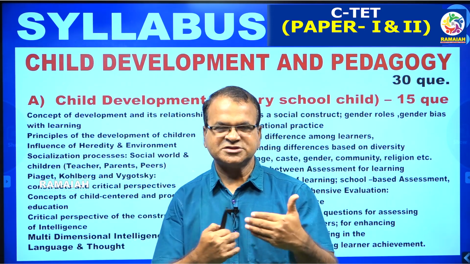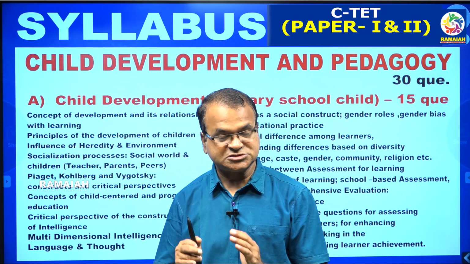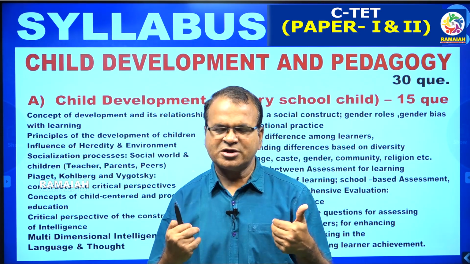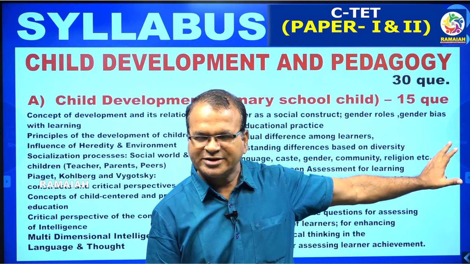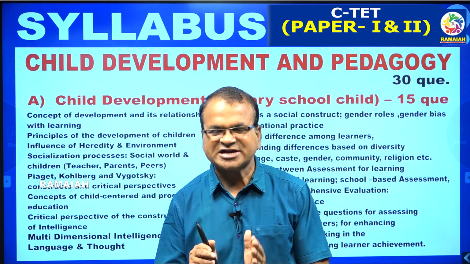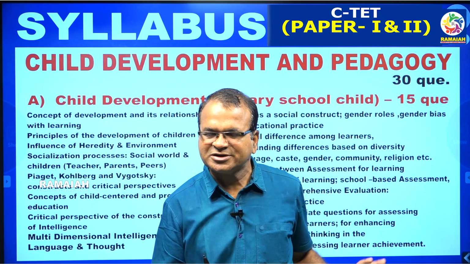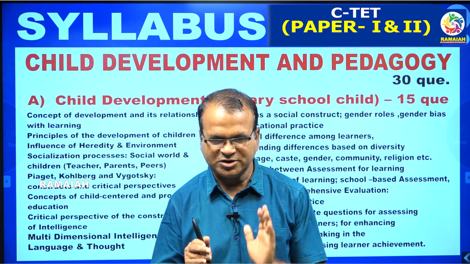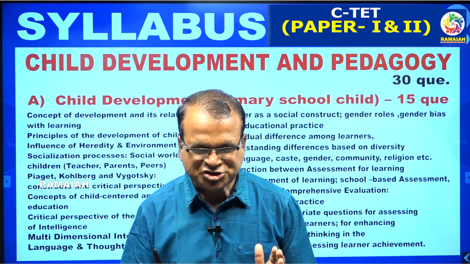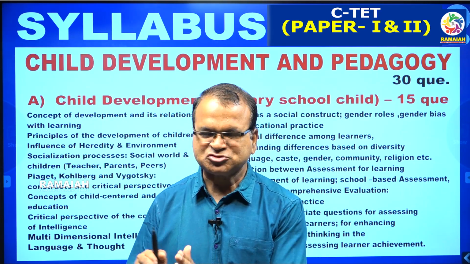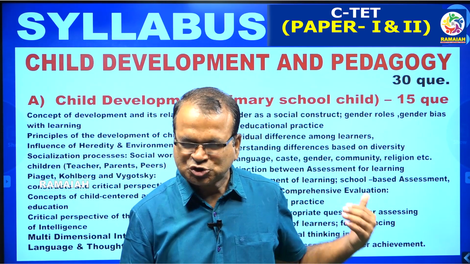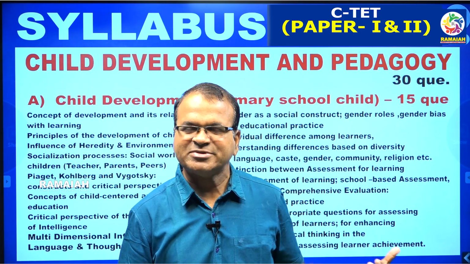We have to maintain the balance. Some children are gifted, some children have different dimensions because of their sociological and cultural dimensions. So in the C-TET syllabus, they particularly mention these things, because a child sometimes behaves normally and sometimes abnormally because of sociological and cultural dimensions.